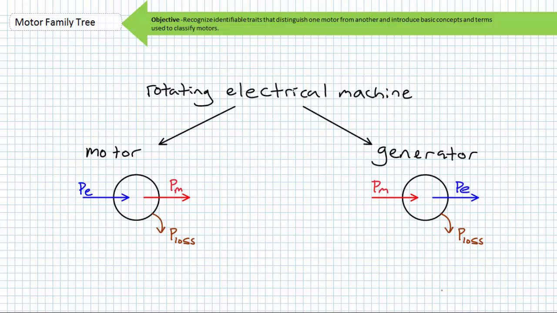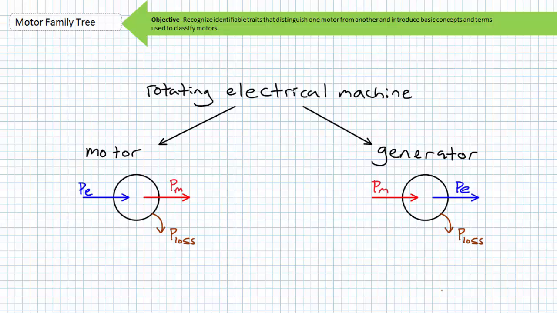Be aware the family tree I'm referring to can easily be extended into the generator realm with very little difficulty. For example, there are three-phase AC synchronous motors and three-phase AC synchronous generators with very little conceptual difference between them besides that of direction. Motors convert electrical power into rotating mechanical power minus losses.